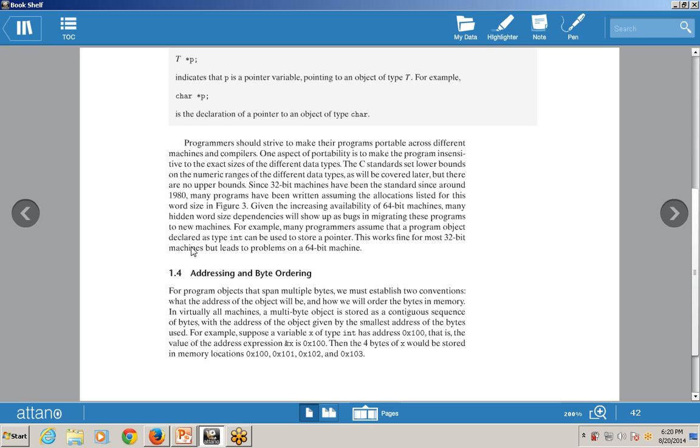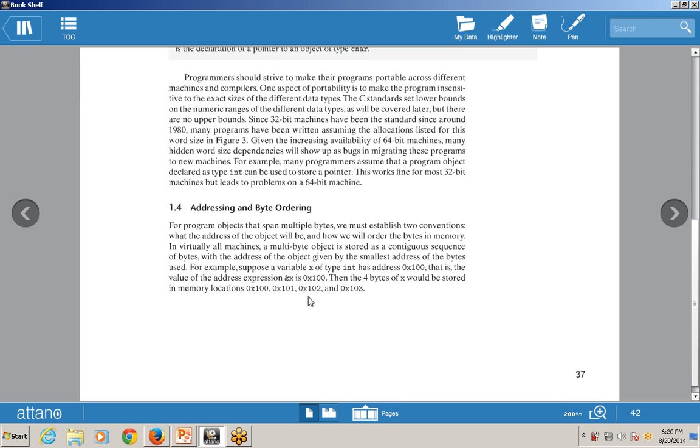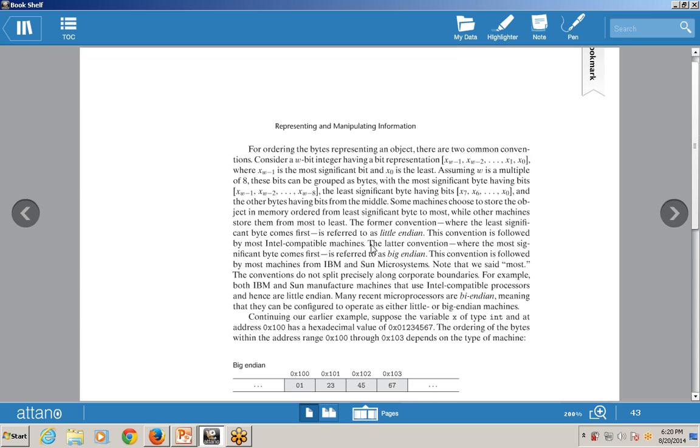Now, next is address and byte ordering. So we can address or order the bytes according to the requirement of the programmer. We can give the order to the address so that we can evaluate the data in a computer system. For ordering the bytes representing an object, there are two conventions.